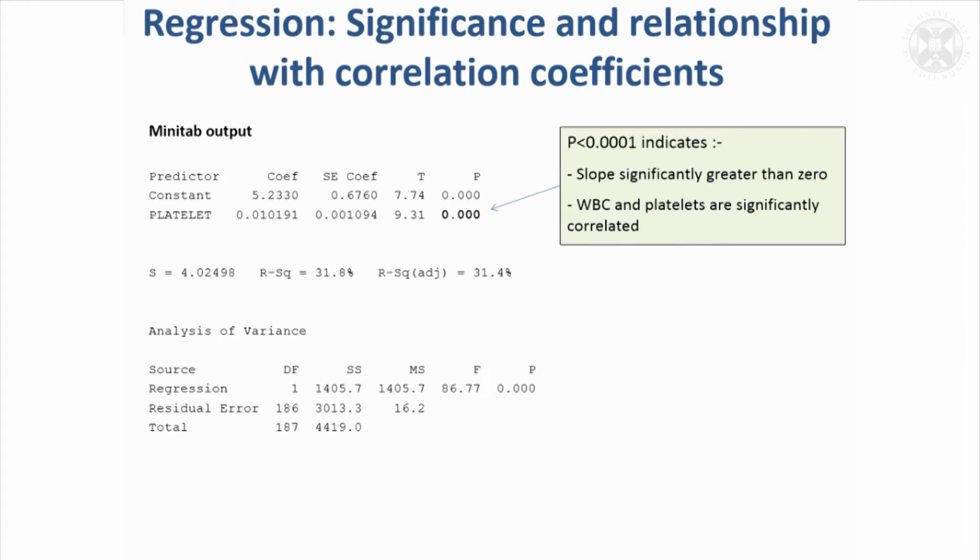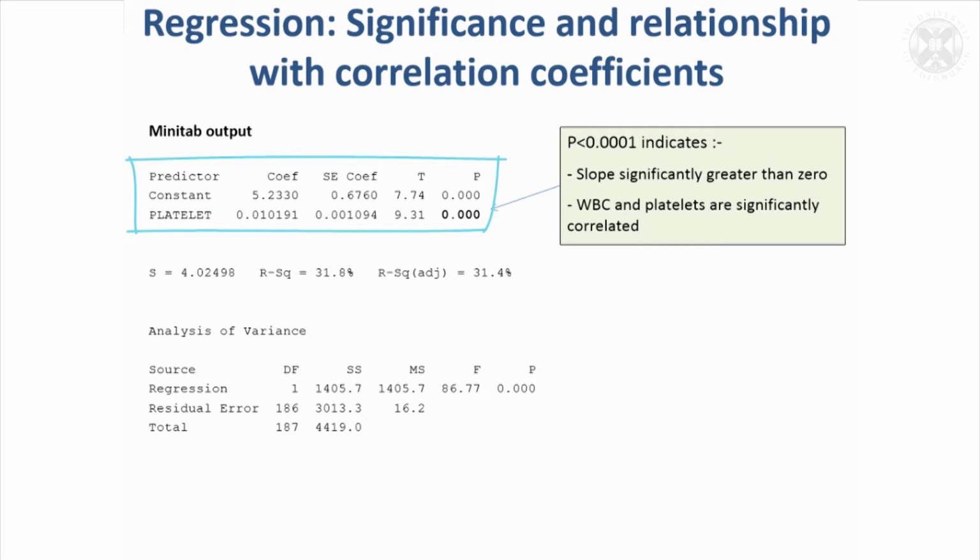So to show an example of some statistical output from a package, this is the Minitab output. So it gives you various things. It probably takes a little while to work out what it's giving you, but in fact this table, the COEF column, which it doesn't really explain properly, is that constant term, the A term, and we've got the slope for platelets.